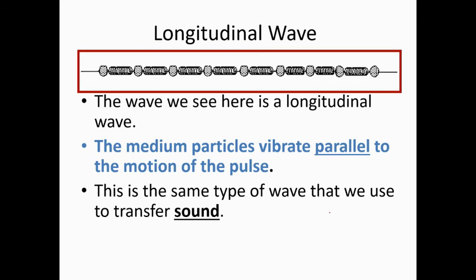You can see this in the slinky right above you. Your pulse is left to right, and your disturbance is left to right. This is a parallel, or longitudinal, wave. This is the type of wave that sound travels as.